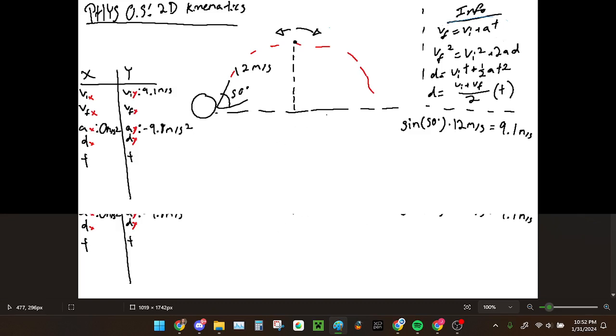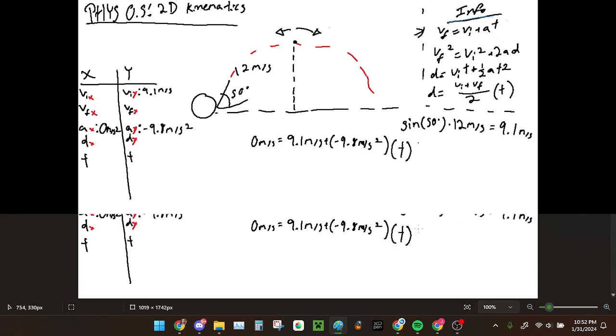I'll be using this first equation. We substitute 0 meters per second to represent the pause in velocity at the apex, equal to the initial velocity, which we found was 9.1 meters per second, plus our acceleration, negative 9.8 meters per second squared, times our time, which we don't know.